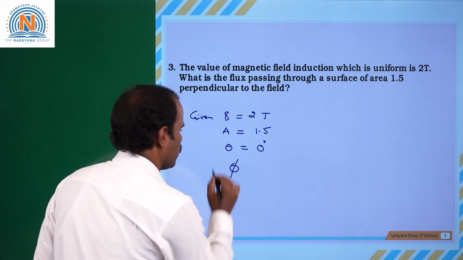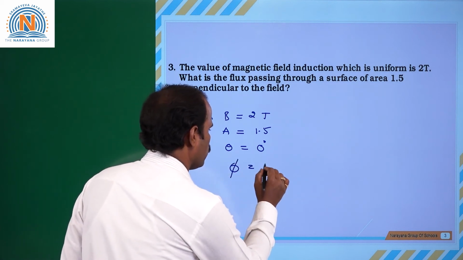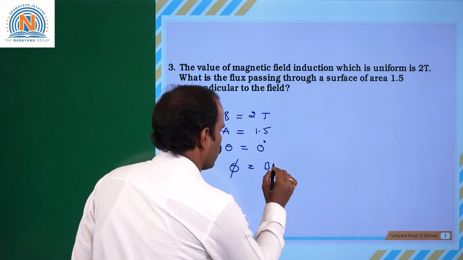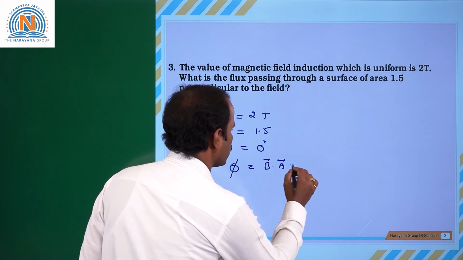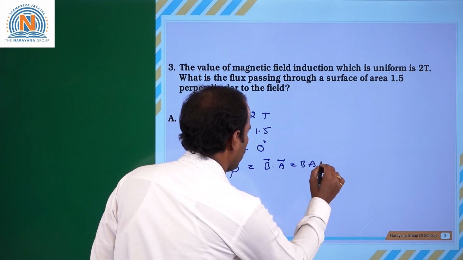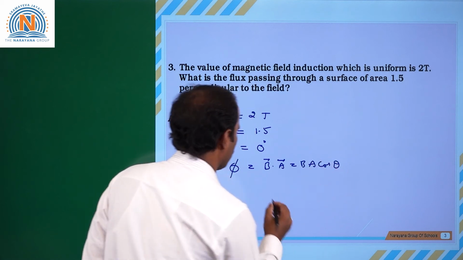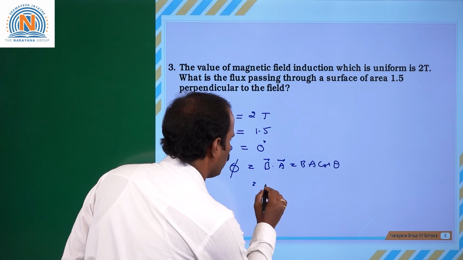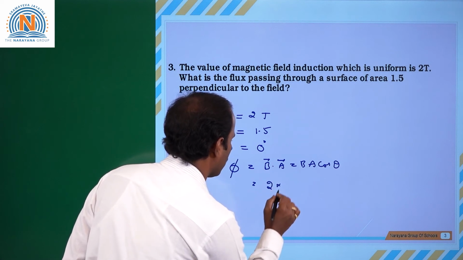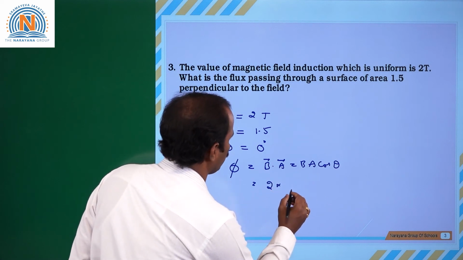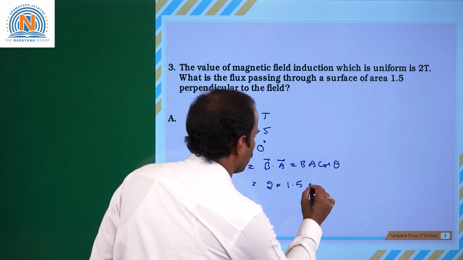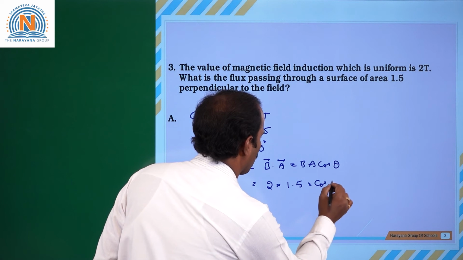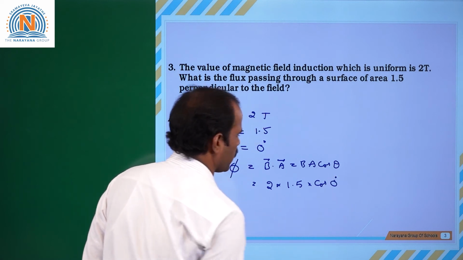Magnetic flux is equal to B vector dot A vector, that is equal to BA cos theta. That is equal to the B value, 2 Tesla, into the A value, 1.5, cos 0 degrees.